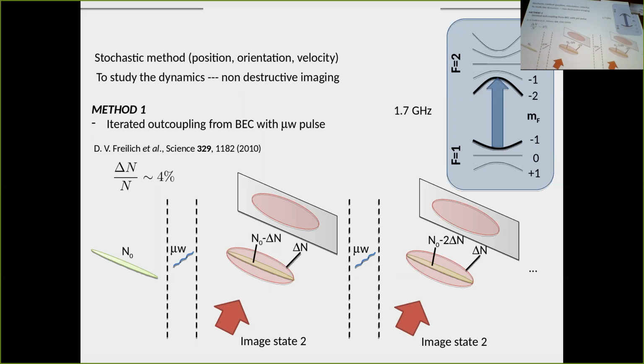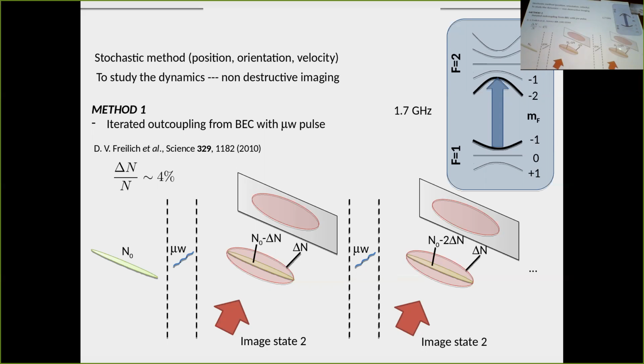Typically, you do optical pumping of the full population and you take your image. What we are doing instead is using microwave pulses to transfer a small fraction of the population from the magnetically trapped state to the bright state for imaging, and leave the majority of the population in the magnetic trap. Since this state is anti-trapped, the distribution will expand in order to reduce the density and let the vortex core expand itself.